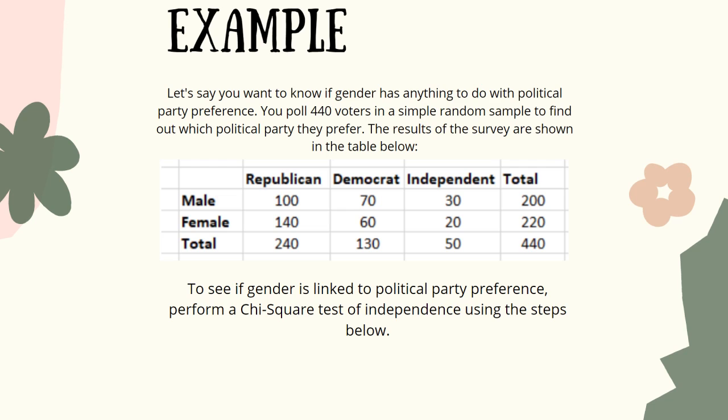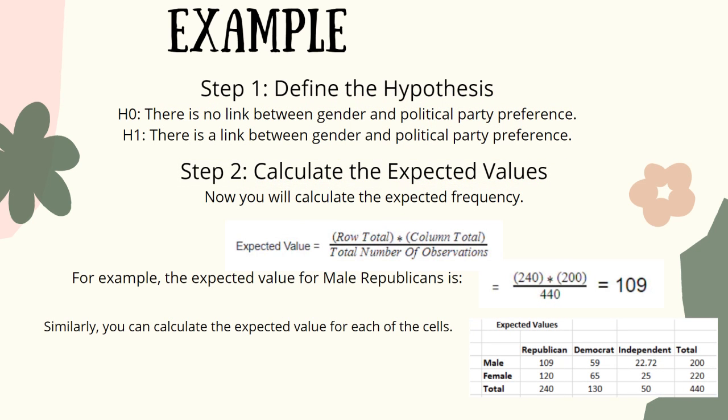To see if gender is linked to political party preferences, perform a chi-square test of independence using these steps below. The first step is to define the hypotheses. There are two hypotheses, H0 and H1.